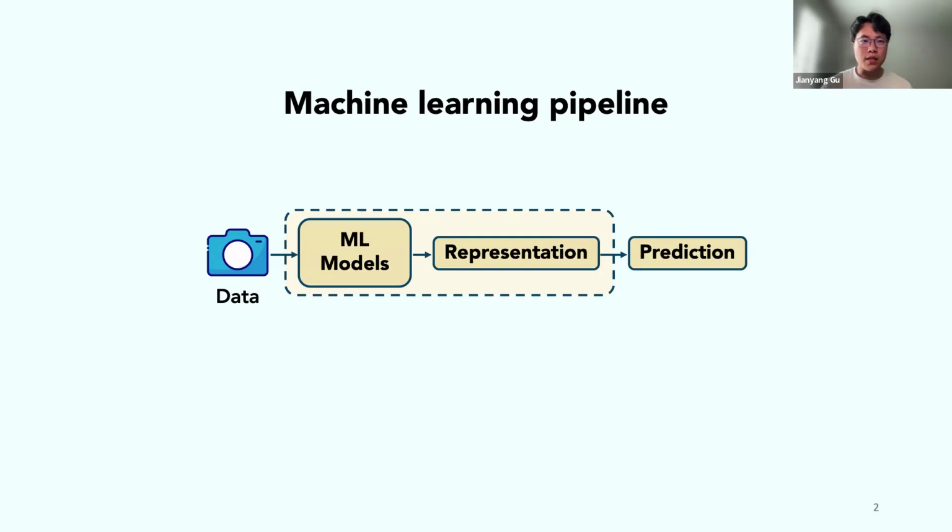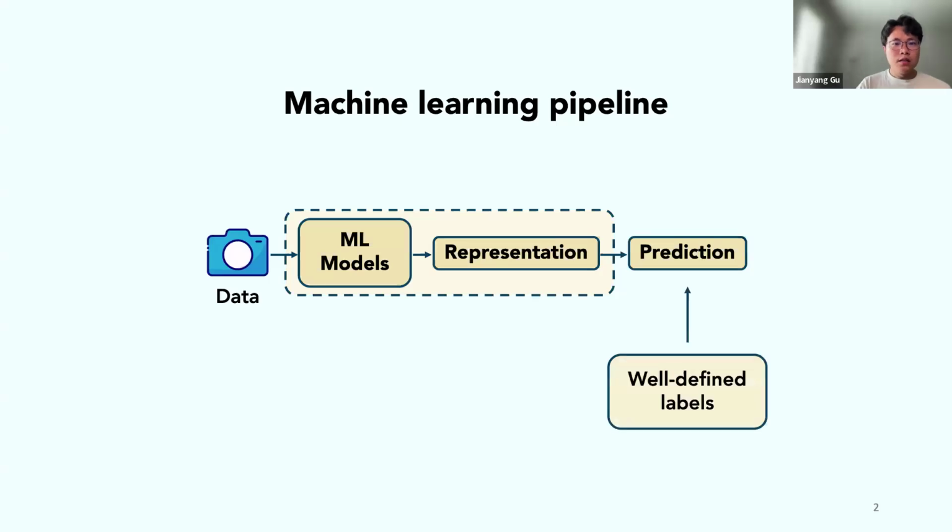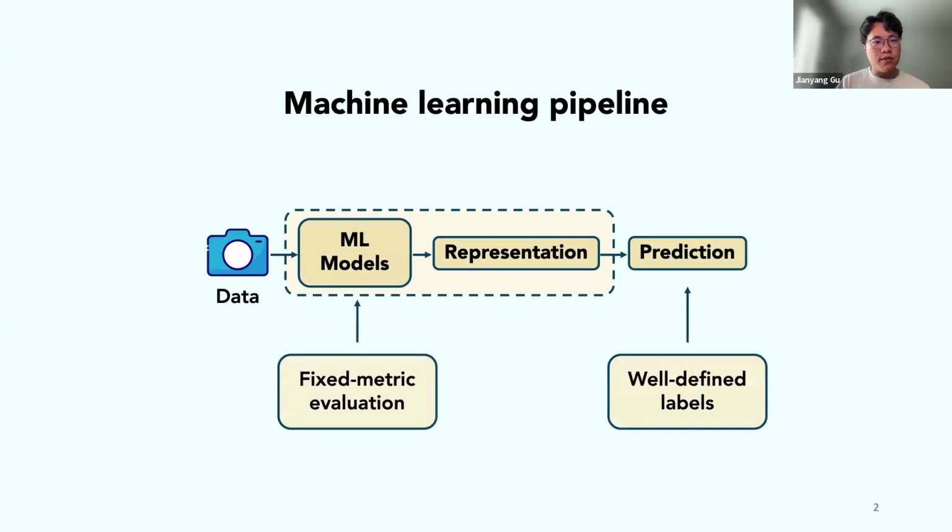So in mainstream benchmarks and general purpose tasks, this pipeline works perfectly because the settings are relatively controlled. Usually the benchmarks, for example, image classification, have well-defined labels, and evaluation is usually a single metric, for example, classification accuracy. So with the well-defined labels and fixed metric evaluation, this pipeline works pretty well.